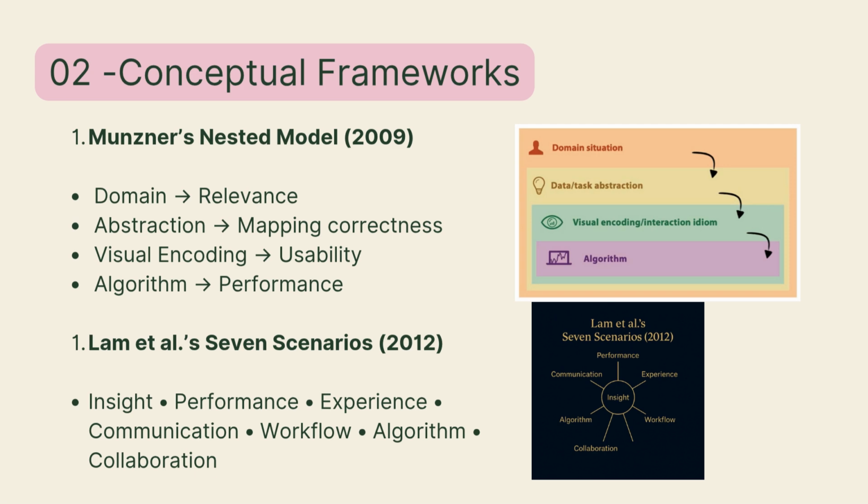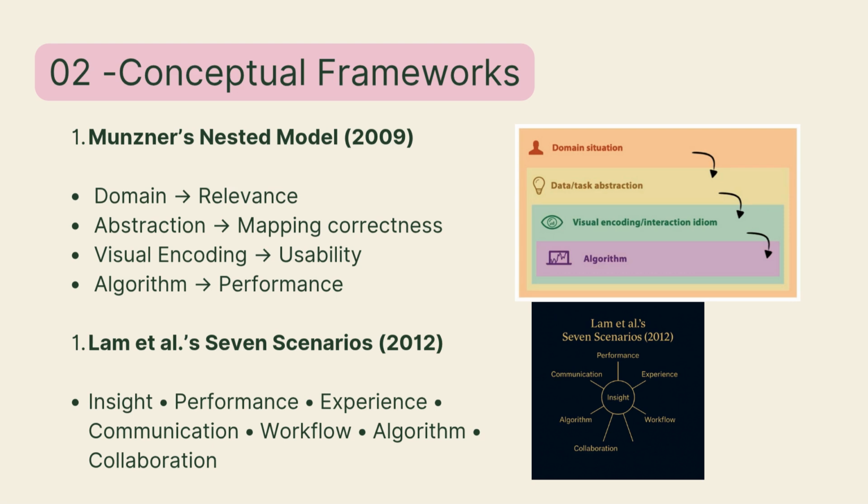To evaluate visual analytics systems properly, we rely on two key frameworks. First, Munzner's nested model. It defines four levels. Domain: we evaluate relevance. Abstraction: mapping and correctness. Visual encoding includes usability, and algorithm includes performance.